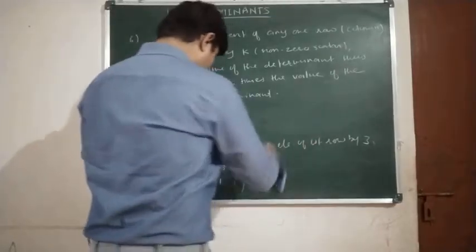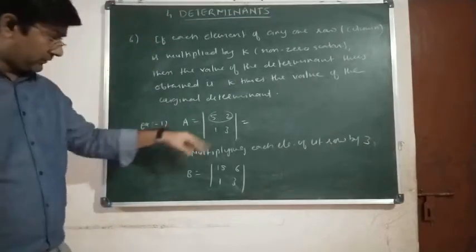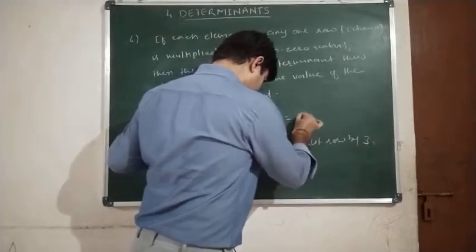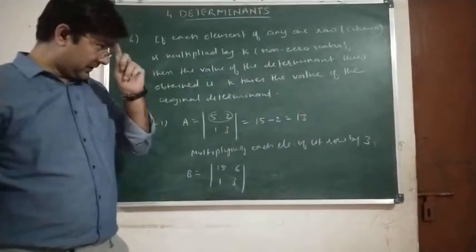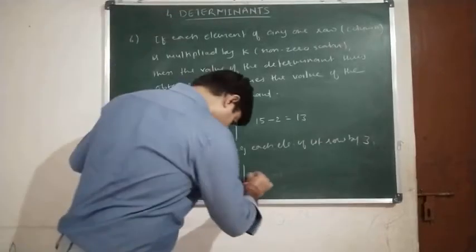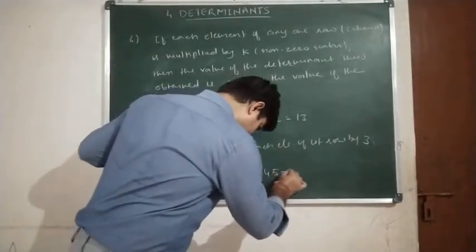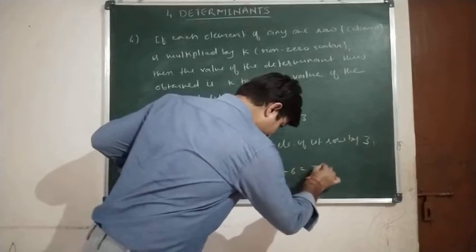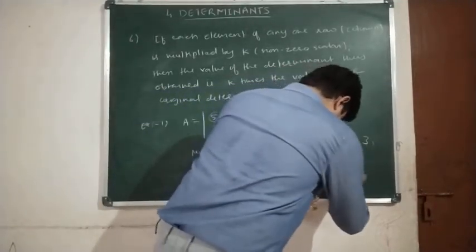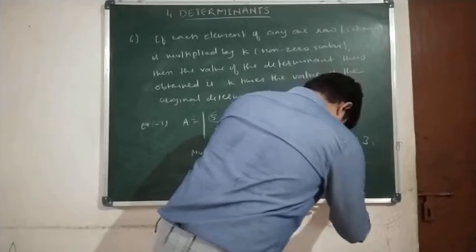Let us first find out the value of determinant A. So 5 times 3 is 15, minus 2, is equal to 13. So this answer will be 13 times 3, which is 39. Okay, let us calculate B. 15 times 3 is 45, minus 6, which is equal to 39, which is equal to 3 into 13.